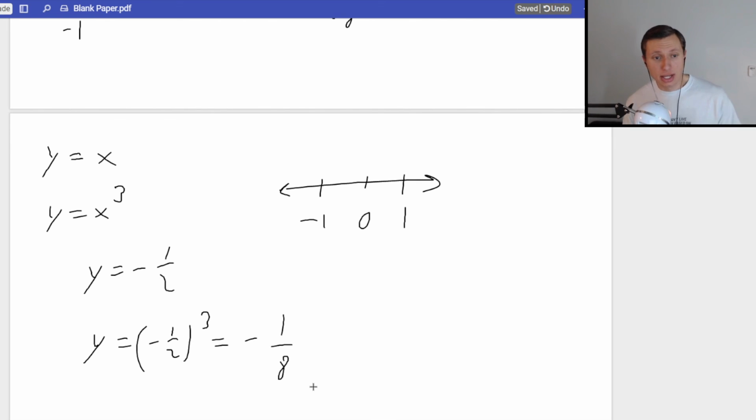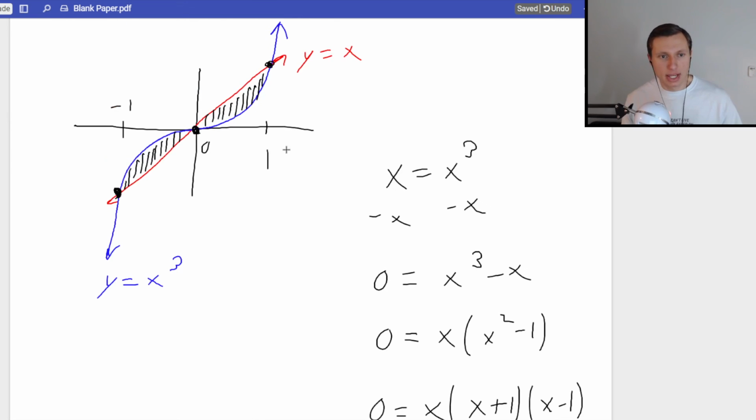Now here's the thing. -1/2 is a bigger fraction than -1/8, which means since it's a bigger negative fraction, -1/8 is a more positive number. And in case you're curious what I mean by that, I'm just going to scroll up. If you look at -1/2, here's -1/8 as our y point, and here's -1/2.